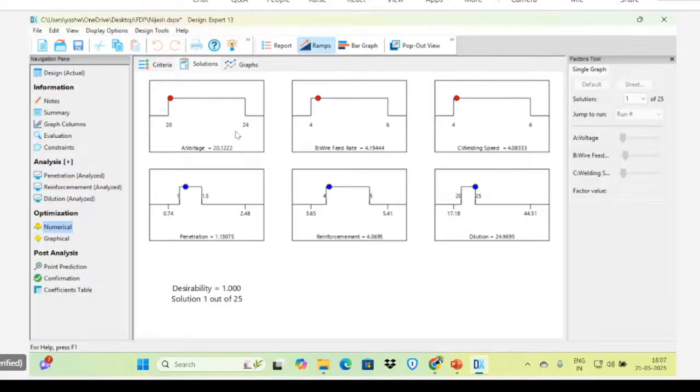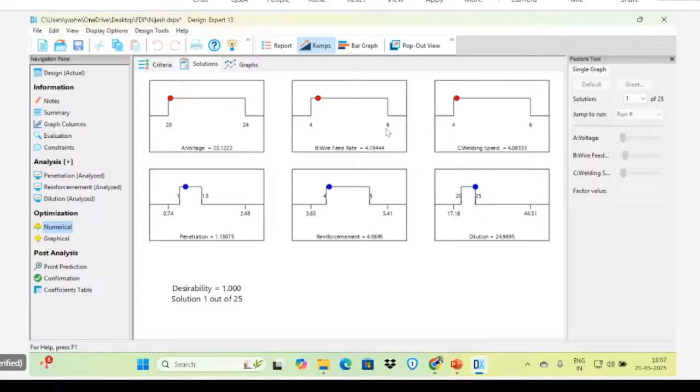So if we again fabricate with this combination, we will get the output of penetration as 1.13, reinforcement as 4.0695, and dilution almost 25%, 24.96%.